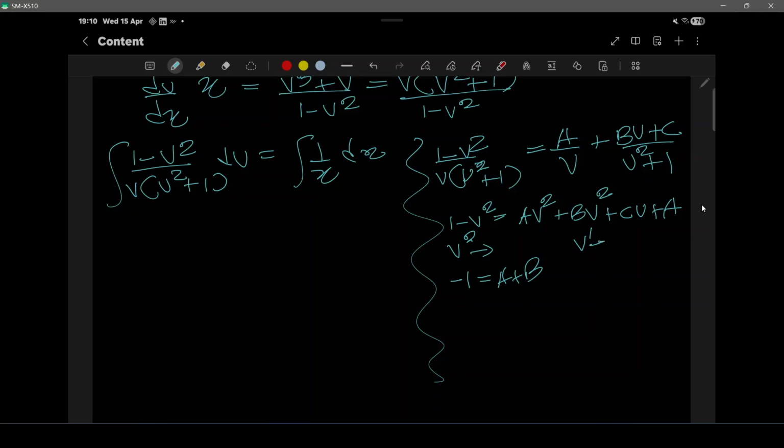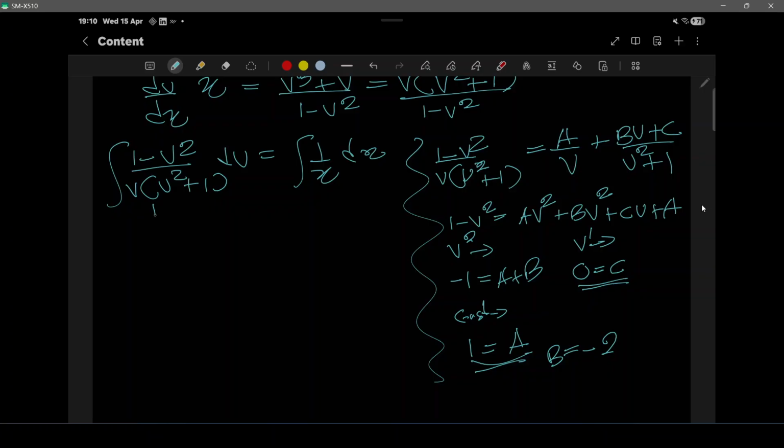If we consider v to the power 1, on the left side there is none, so c is equal to 0. If we consider constants, on the left side there is 1, on the right side there is a. So a is equal to 1. Since a is equal to 1, that implies b is equal to minus 2.